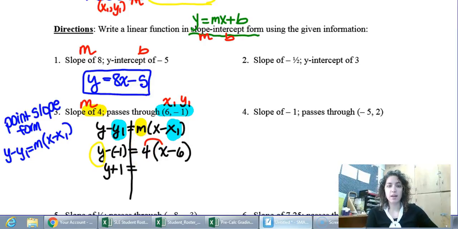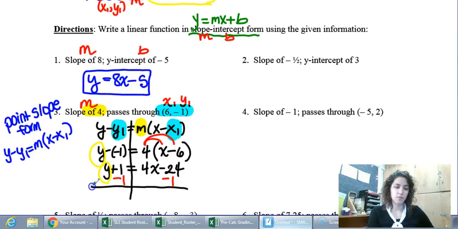So 4 times x is 4x, and then 4 times -6 is -24. Still trying to get this y value by itself, so let's see. I have a positive 1 here. I know I can subtract this over. And I get y equals 4x, -24 minus 1 is -25. And we're all done.